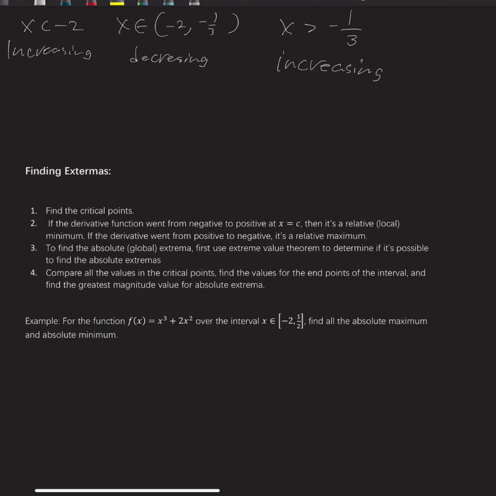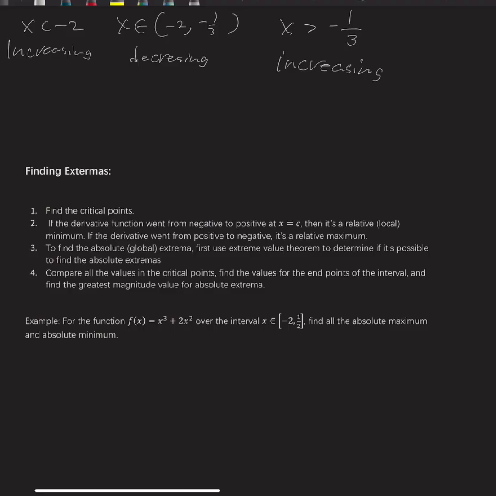And to find the absolute extrema, you should first use the extreme value theorem to make sure that there is an absolute extrema. And then we compare the values at all the critical points and all the endpoints of the interval, because the endpoints may be the absolute extremas. Then we're going to compare all the values.